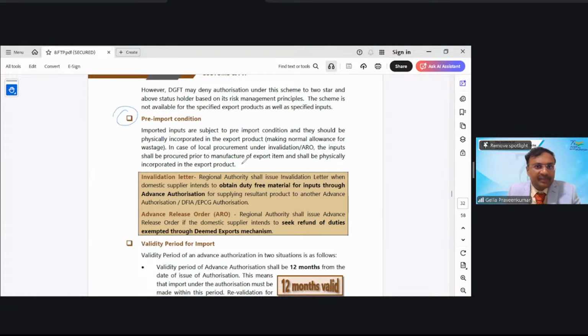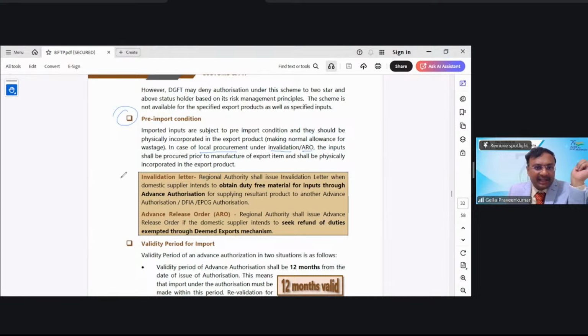In case of local procurement, I have an option to import from outside India or I can purchase locally also. When I buy locally, there is a document called invalidation letter or advance release order, which is issued. The input shall be procured prior to manufacture of export and shall be physically incorporated in the export.